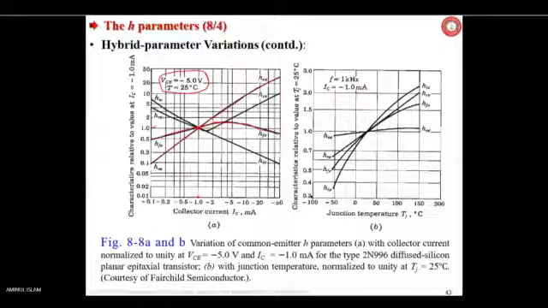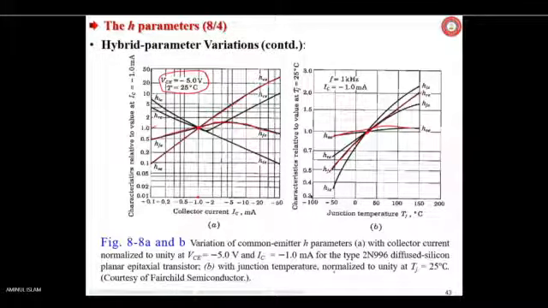Okay. Similarly, here the junction temperature is 25 degrees centigrade. This corresponds to 25 degrees centigrade, and see how the values of HOE or HFE vary with variation of temperature.